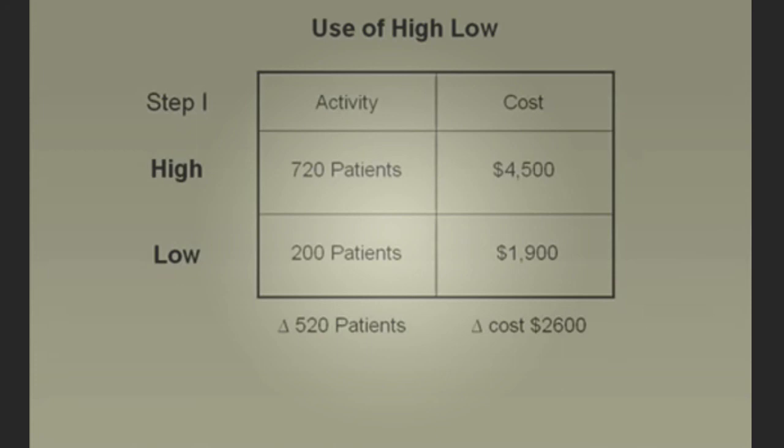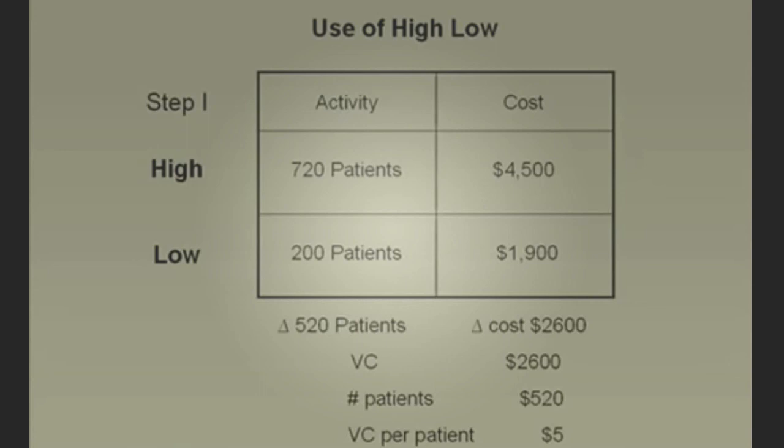Let me repeat, only variable cost changes with an activity. So the variable cost is $2,600 for a change of 520 patients. So the variable cost per patient, if you divide it, is $5.